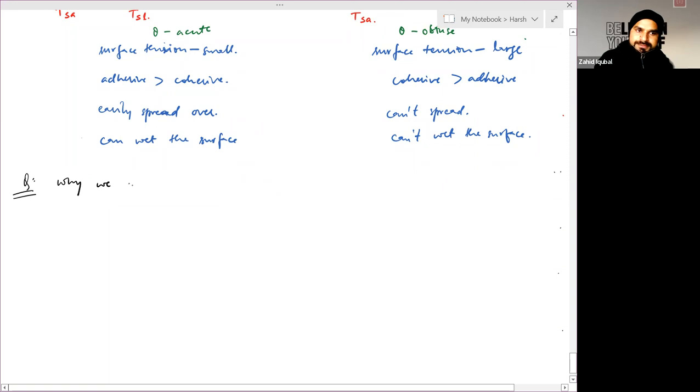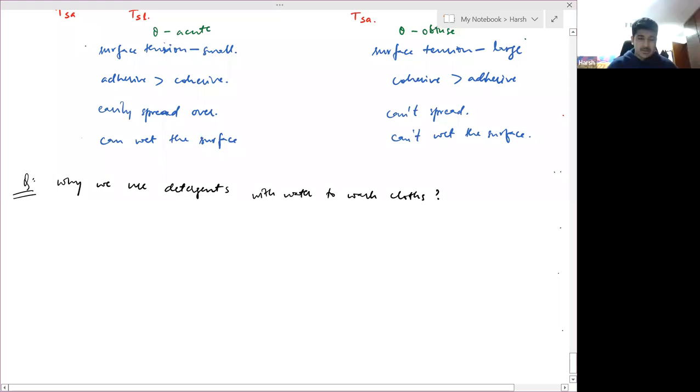Why do we use detergents with water to wash clothes? Any idea? Yes, sir, because water has less surface tension, it can spread over the thing.